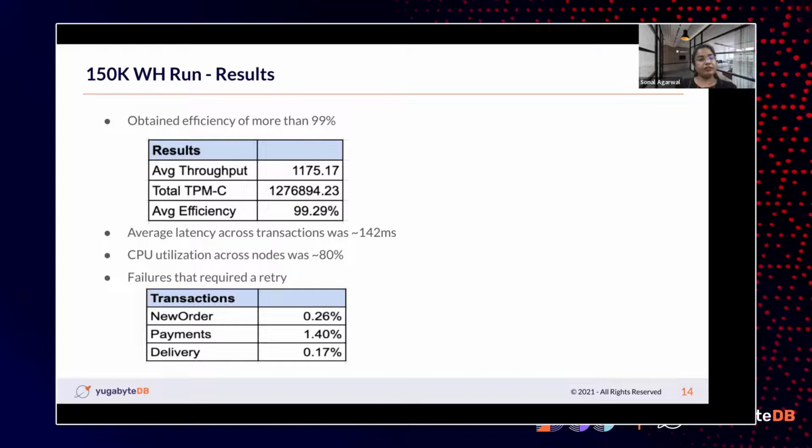The average latency across the transactions was around 142 milliseconds. The CPU utilization across the nodes was around 80%. The failures that required retry were 0.26% for new orders, around 1.4% for payments, and 0.10% for delivery. These transactions were retried, and they were successful after the retry.